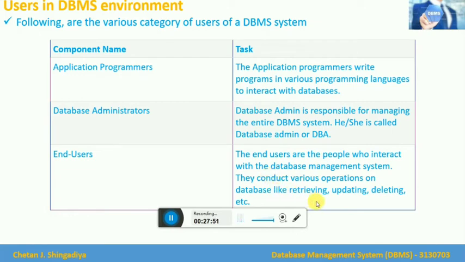They conduct various operations on the database like retrieving, updating and deleting, etc. So friends, these are the users in DBMS. This is an important question, and we have to understand it. So there are three users that we have seen: application programmer, database admin and end user.